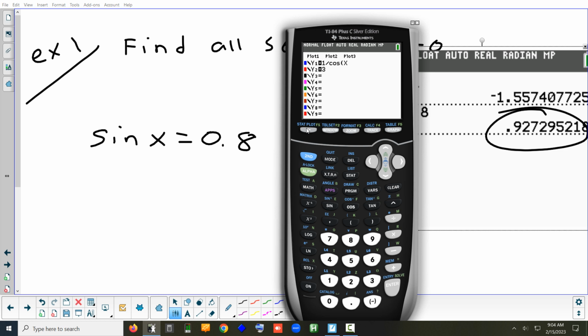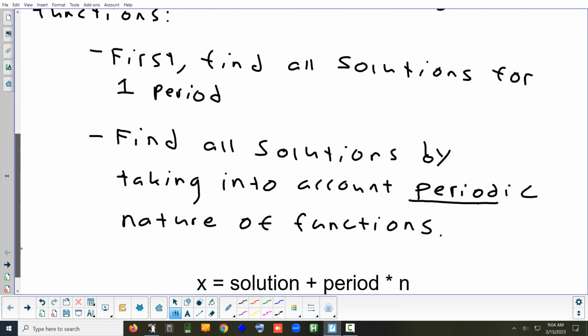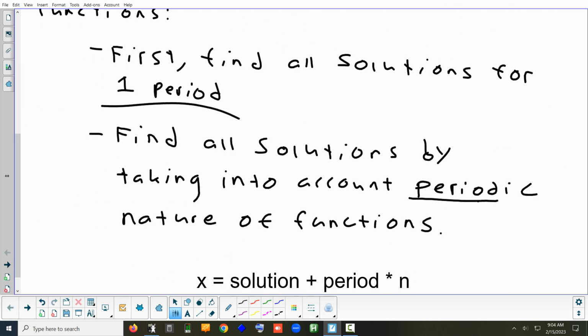All right, so if I want to graph that, what would I put in y1? Yep. Sine of x. Okay, put in sine of x. And what would I put in y2? Yep, 0.8. And remember, you need to find all the solutions within one cycle. One period.